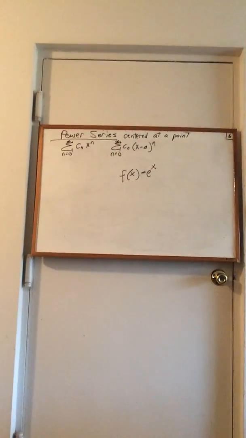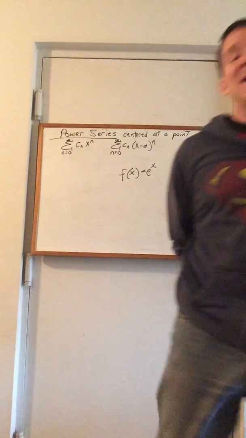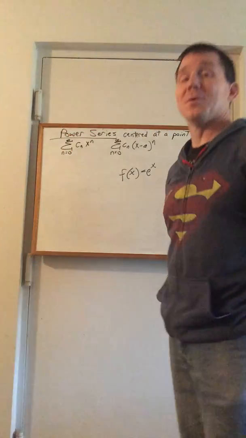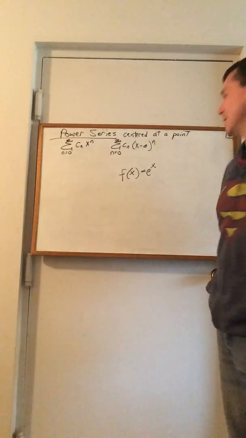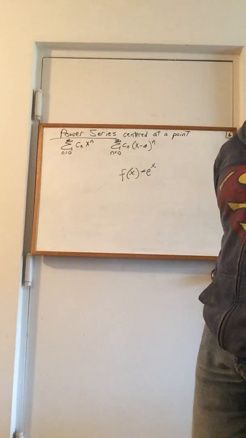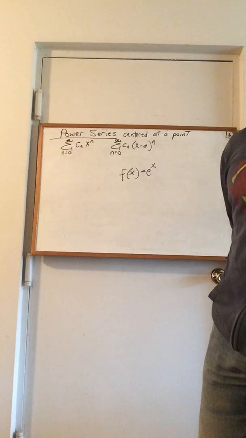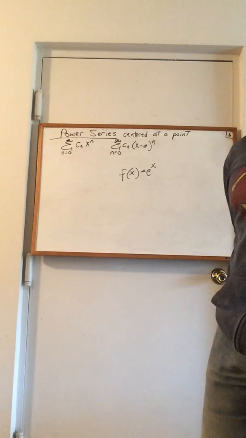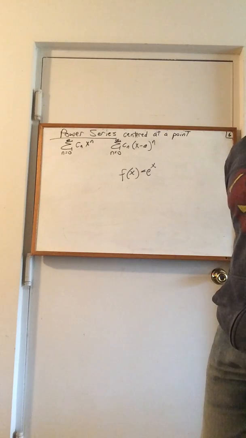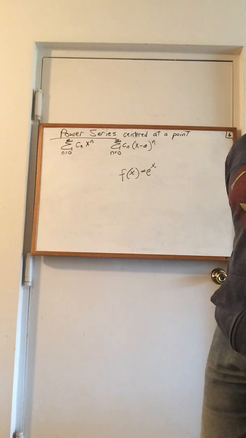Nowadays, you can throw it into your calculator, throw it into Maple, and you get a value. But assume you lived a few hundred years ago and you don't have a calculator or anything, how do you find the value of e cubed or e to the 2.5? You can't do it like into a calculator, but maybe if you could find a nice function.